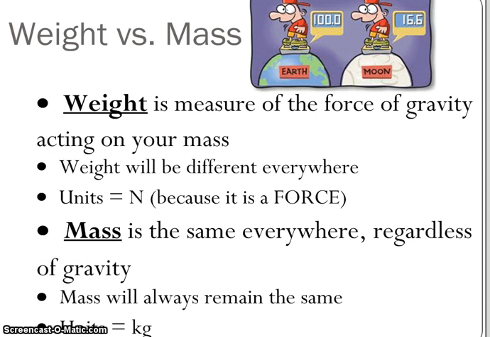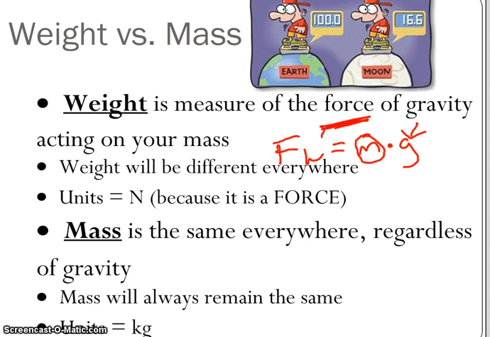That being said, your weight will be very different, because weight is a measure of the force of gravity acting on your mass. In other words, once again, Fw equals m times g. So let's think about it. Yes, weight is dependent upon mass. That is true, but it is also very dependent upon gravity. So if you're in an area with less gravity, what does that mean for your force or your weight?